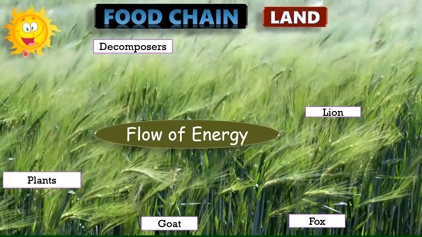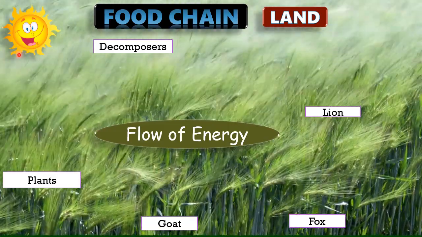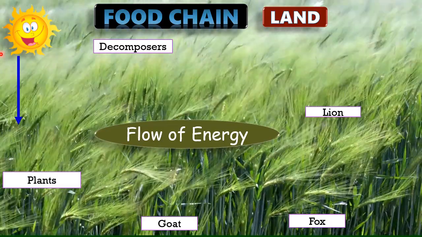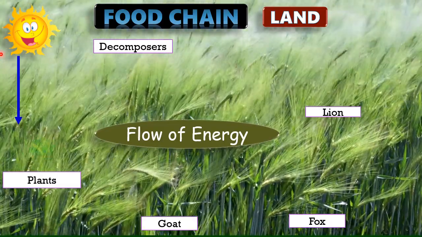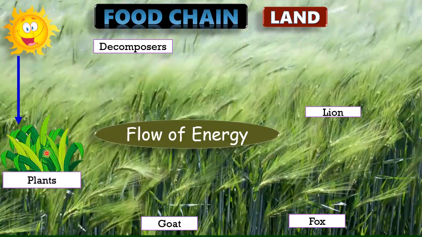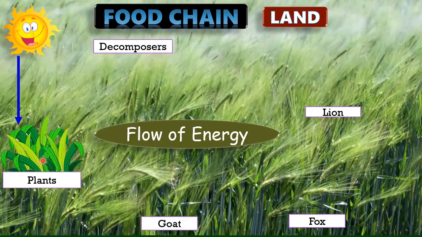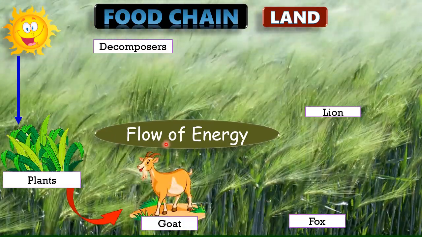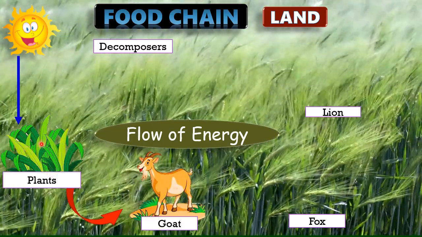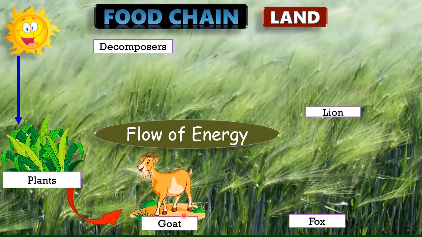Children, as we all know the sun is the main source of energy in nature, and plants are the creatures who use the sun's energy directly, and they make food and store that food in their leaves. Now, this goat will eat this plant. So what will happen? The energy stored in this plant will transfer to the goat.